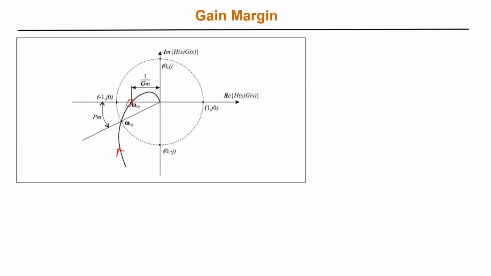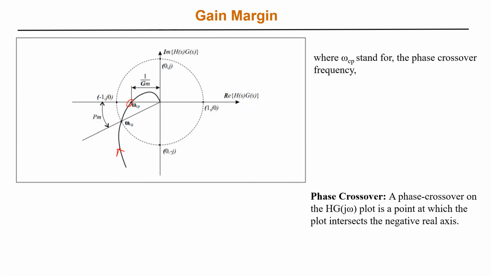Take the point where the phase equals, sorry, -180 degrees. At the point where I cross -180, I will say this is the phase crossover frequency: the frequency at which the phase is -180 degrees. The phase crossover frequency of GH of J omega is the point at which the plot intersects the negative real axis.